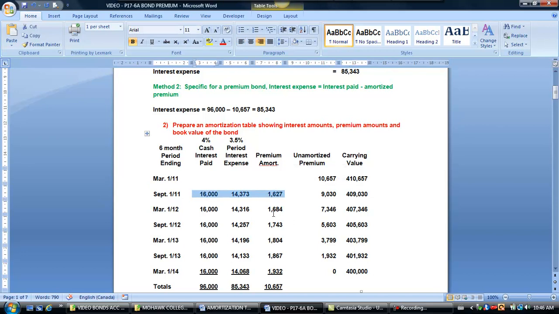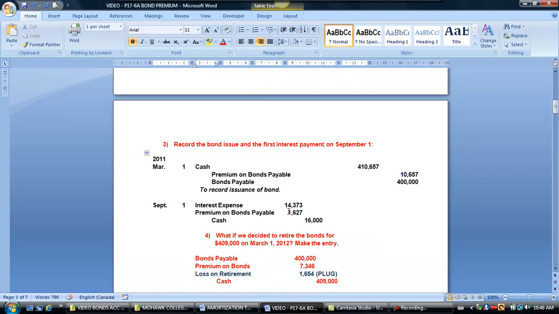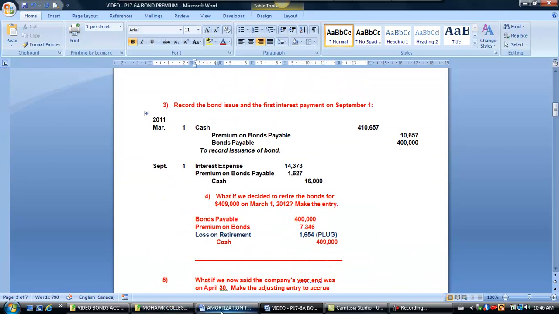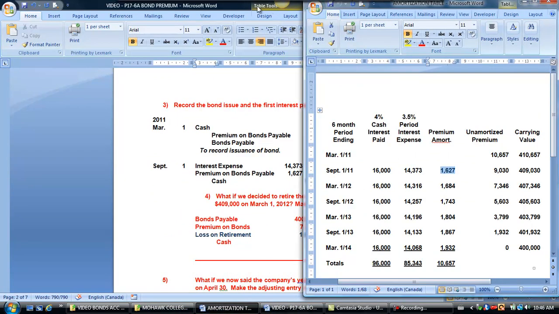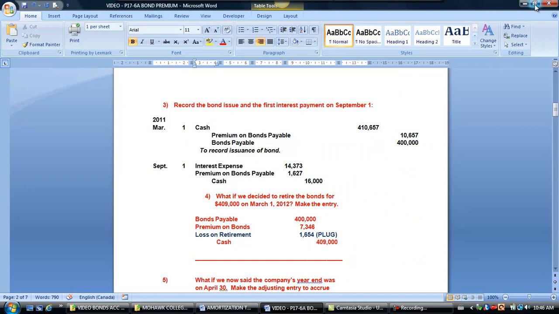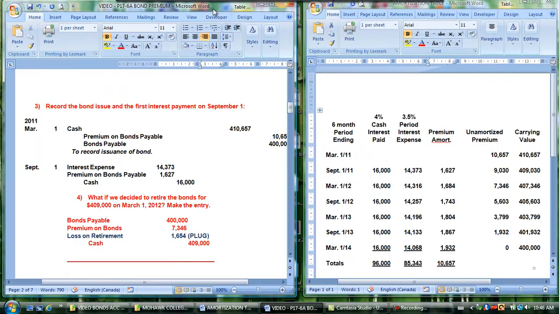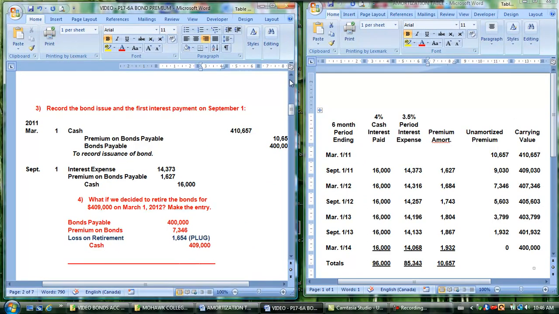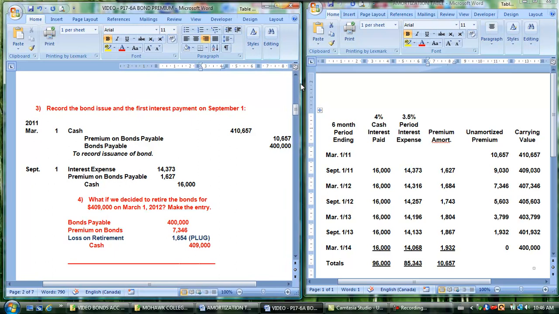Okay, so now let's use our bond table to prepare the journal entry on September the 1st, 2011. It might be helpful if we could pull up the table for you. Maybe we'll just keep our table here.